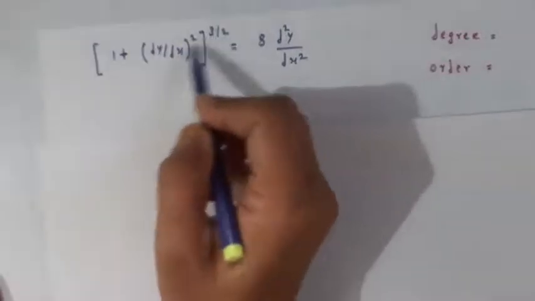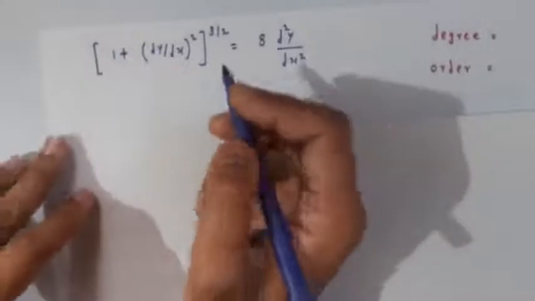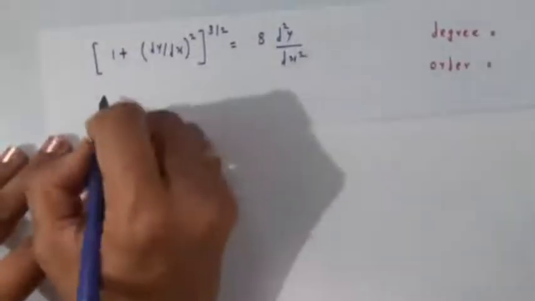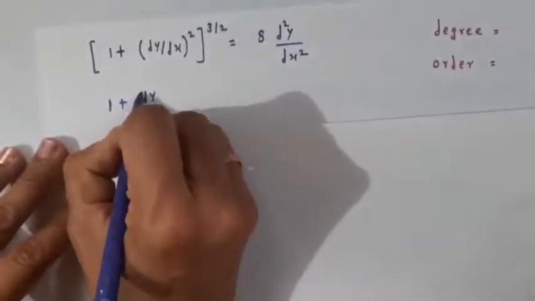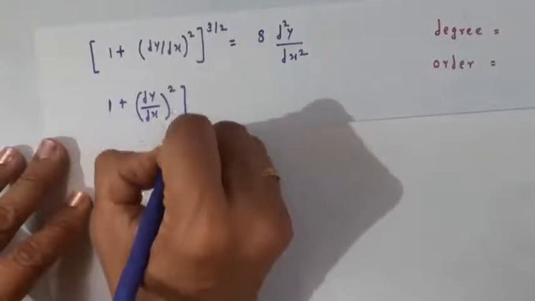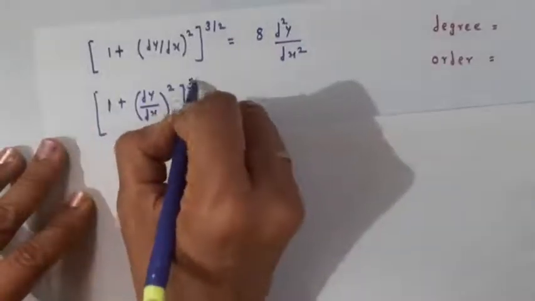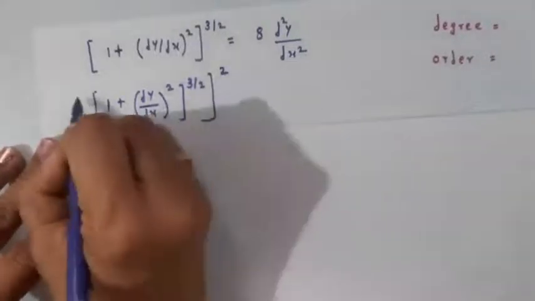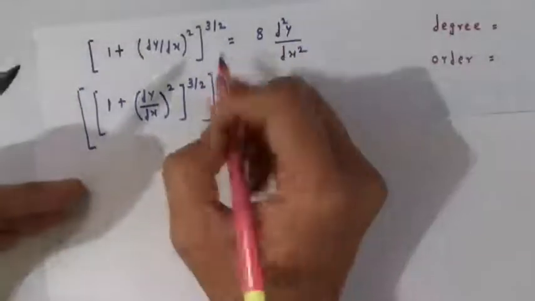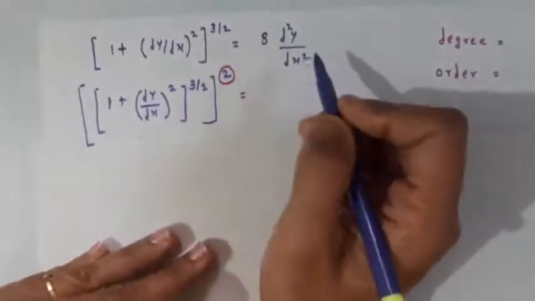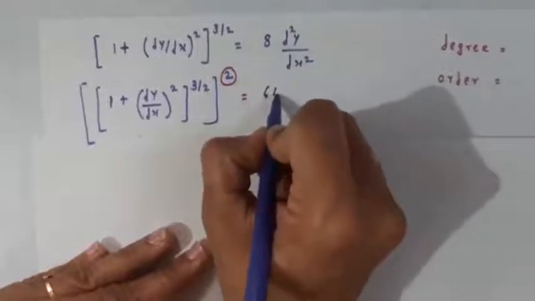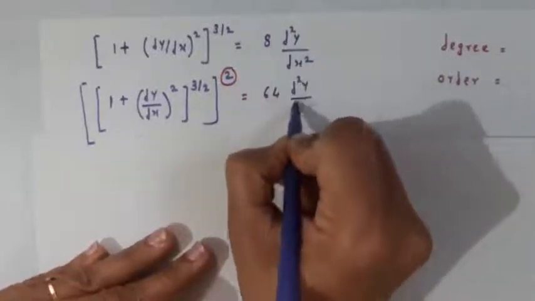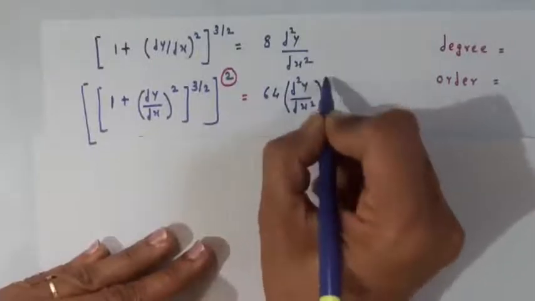Squaring on both sides, we get (1 + (dy/dx)^2) raised to 3/2, whole squared, and this is equal to the square of 8 into d2y/dx square, which is 64 into (d2y/dx square) squared.